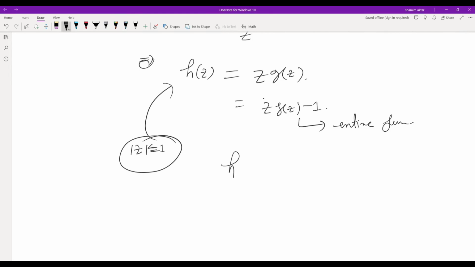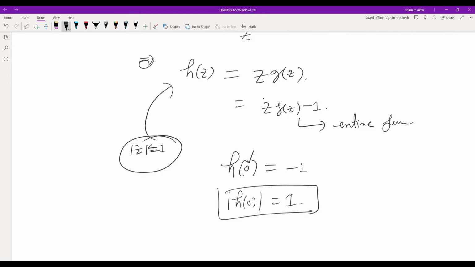But if we put z = 0, h(0) = -1, so the modulus of h(0) equals 1 at an interior point of this domain.